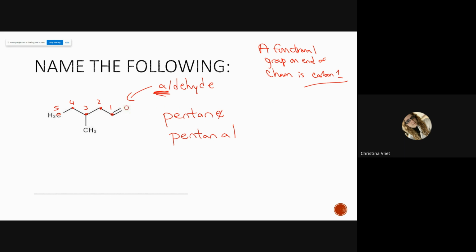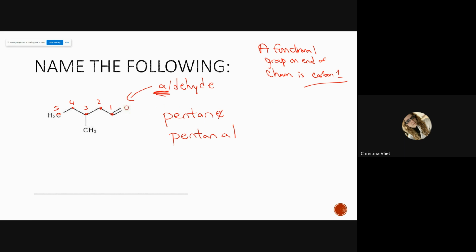All right. Make your A's look like A's and your O's look like O's, because pentanal and pentanol look just like each other. They will be very picky here. Pentanal. Question for you. Do I have to say pentan-1-al?